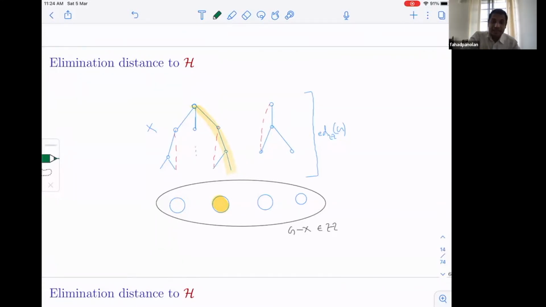And look at the graph G minus X, and that G minus X should belong to the graph class H. And for any connected component in G minus X, the neighbors of that component in G should belong to a leaf to root path.